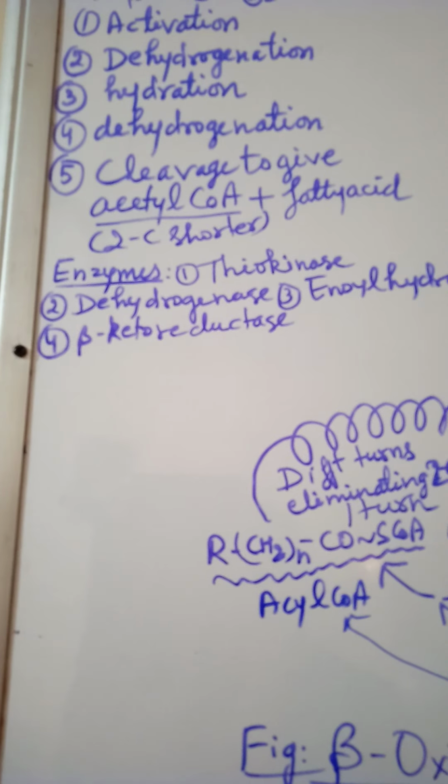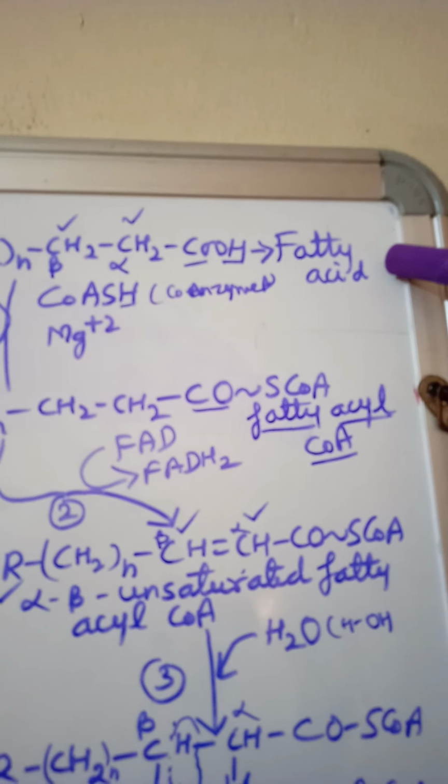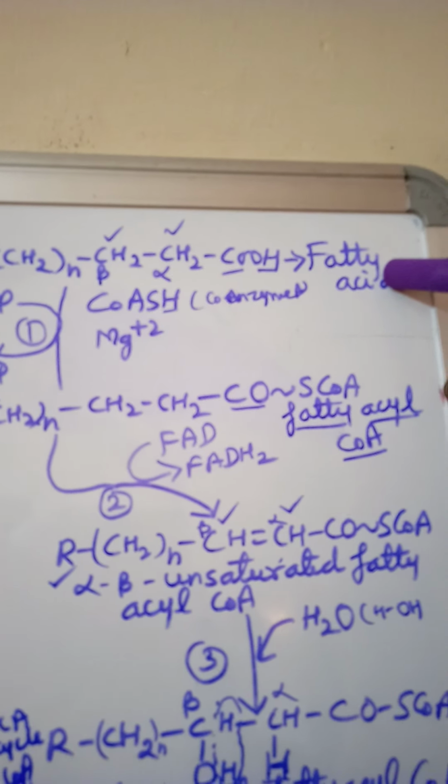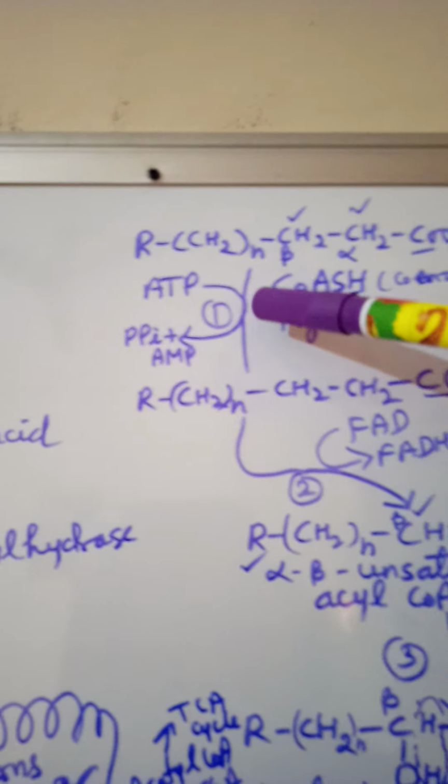Coming back to the spiral of beta oxidation, here we could see the fatty acid obtained after the hydrolysis of triglyceride, and for this fatty acid, the first step is what? Activation.